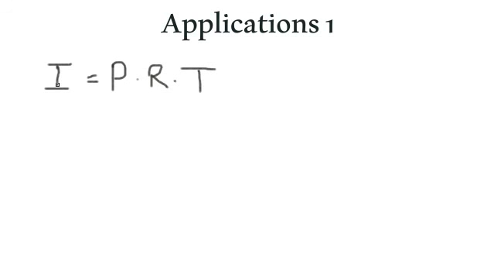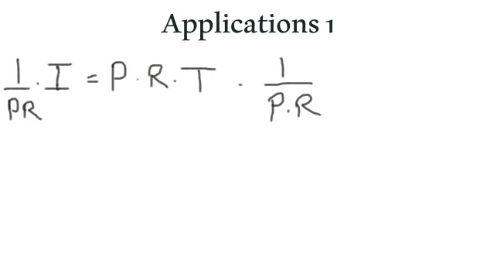So in this particular case here, we're asked to solve for time in this problem. So what I'm going to do is get time by itself, and that means I'm going to multiply both sides by 1 over p times r. That would be 1 over p times r right here.